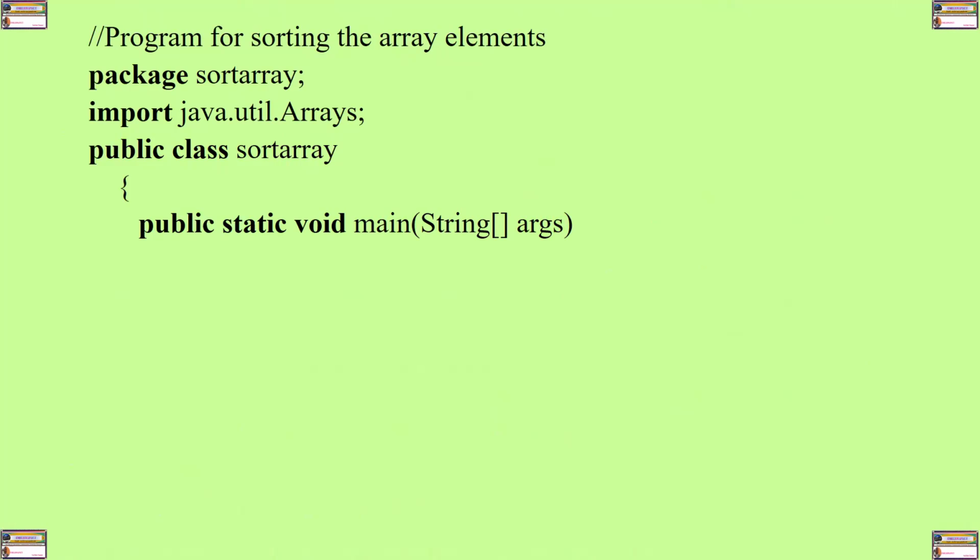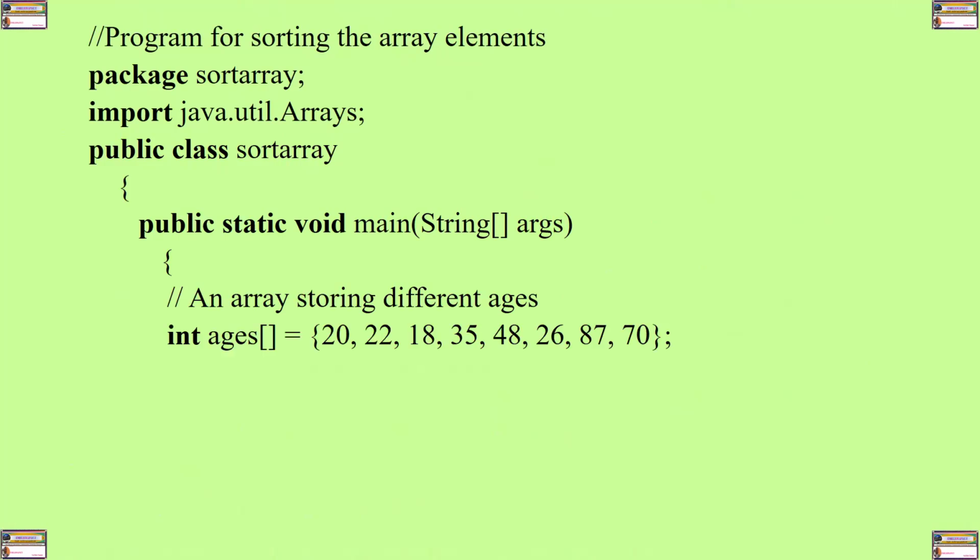We have a member method, which is the main method, public static void main, whose definition is as follows. We have an array storing different ages. So we have this array called ages that has been assigned elements 20, 22, 18, 35, 48, 26, 87, and 70 in that order.